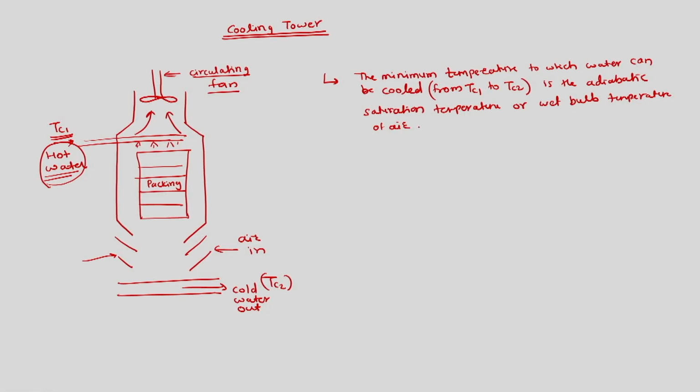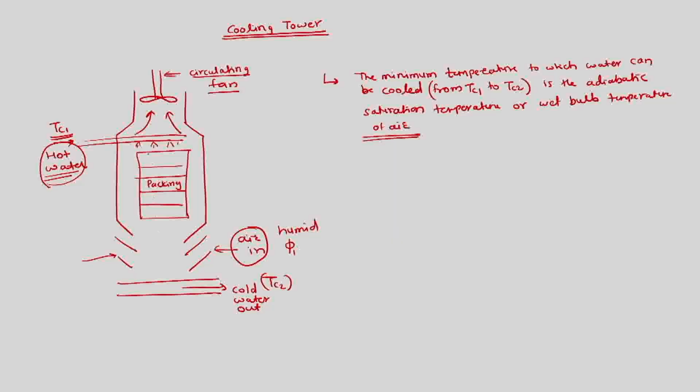So this point is very much to understand, that the air which is coming in is already humid. It will have a certain phi 1, and then this phi 1 of air, after having mixed and transferred heat from the water, will have a certain phi 2.